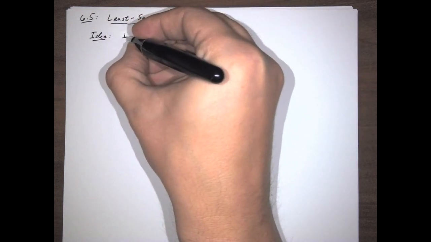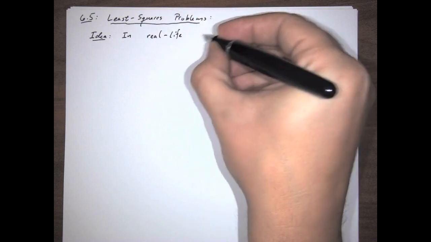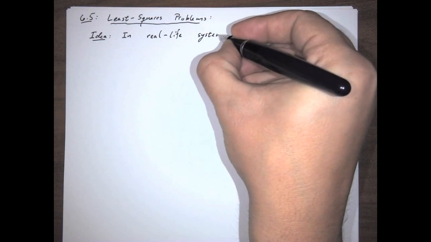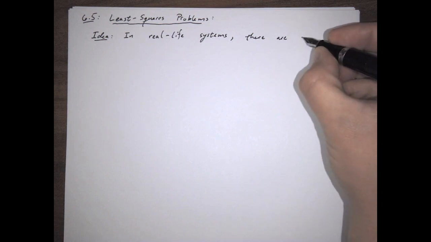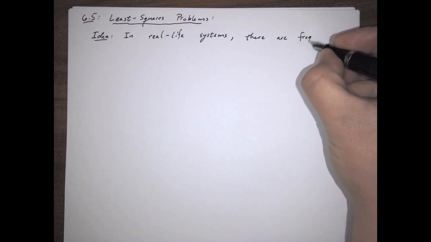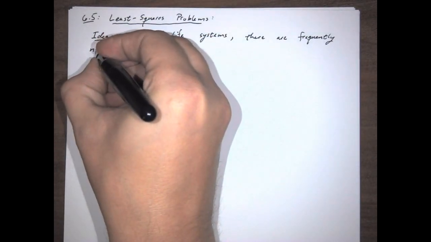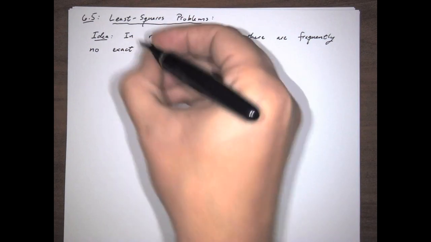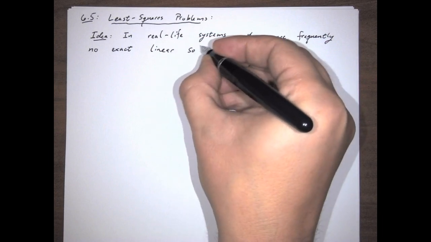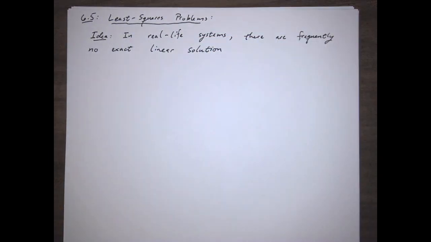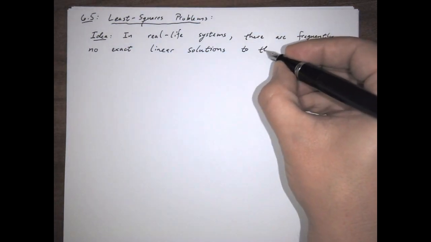In real life systems, there are frequently no exact linear solutions to the problems.